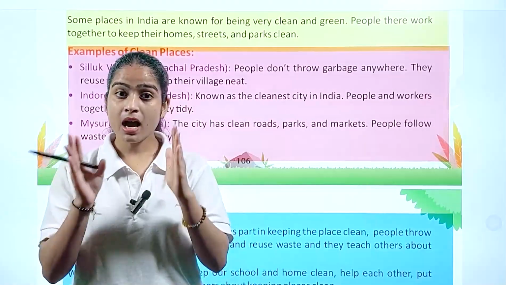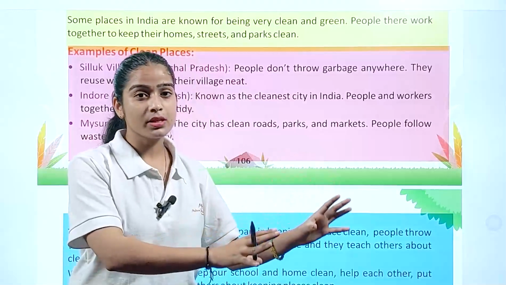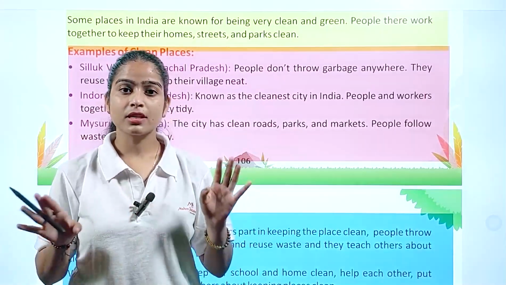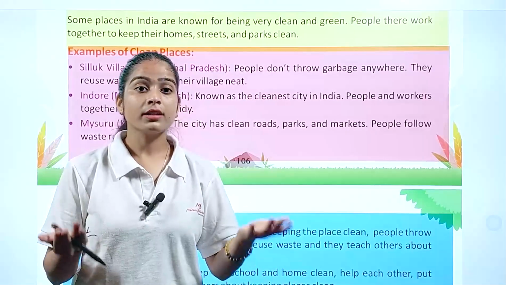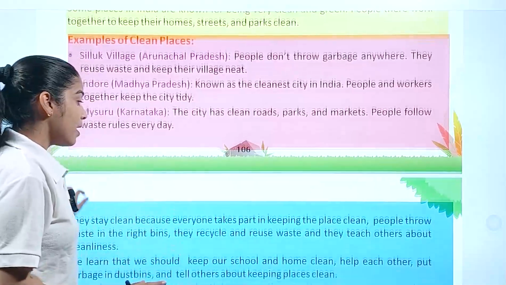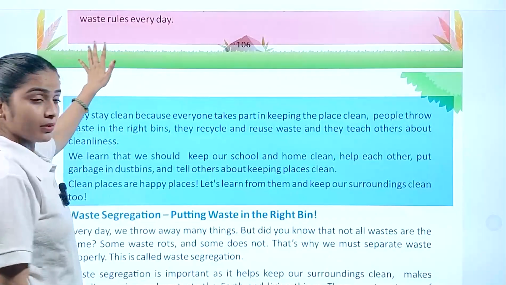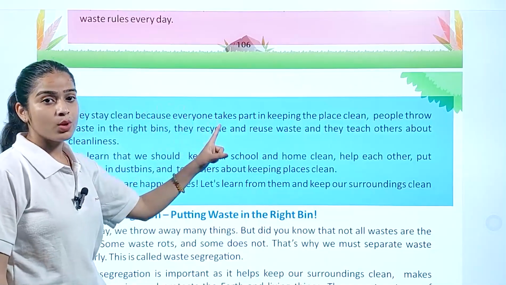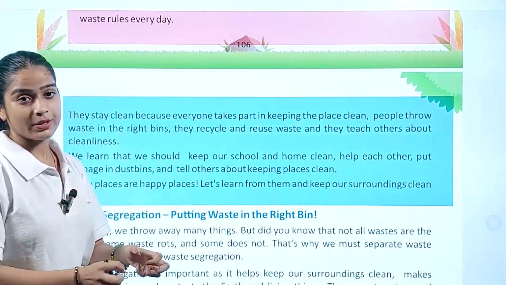They have a particular place for throwing garbage. Keep these two things in mind, and the rest happens on its own, because the city people and the workers put their efforts together.